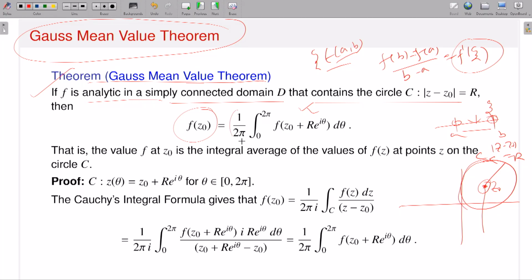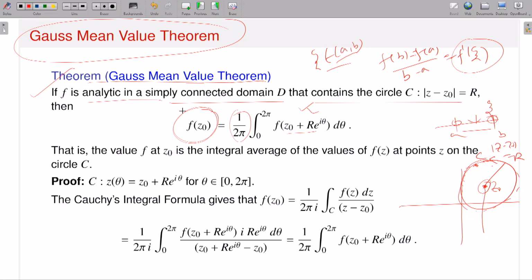Average means I divide by 2 pi and integrate. z0 plus r e to the i theta is a point on the circle, and theta runs from 0 to 2 pi. That means I take all the values on my contour, and averaging means I integrate from 0 to 2 pi and multiply by 1 over 2 pi. That gives you the value of the function at the point z0.